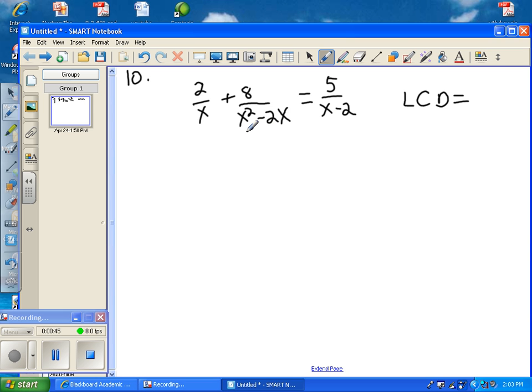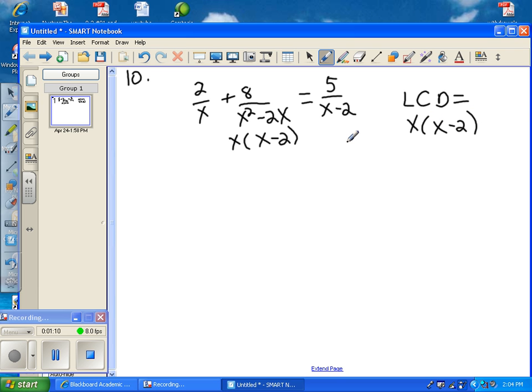So the first thing I have to do to find that common denominator is factor it. So I'm going to factor out the GCF, which is x, and that leaves me x minus 2. So there's my factored form of that middle denominator. So now I have x here, x times x minus 2 here, and x minus 2 here. So my least common denominator then is x times the quantity x minus 2.